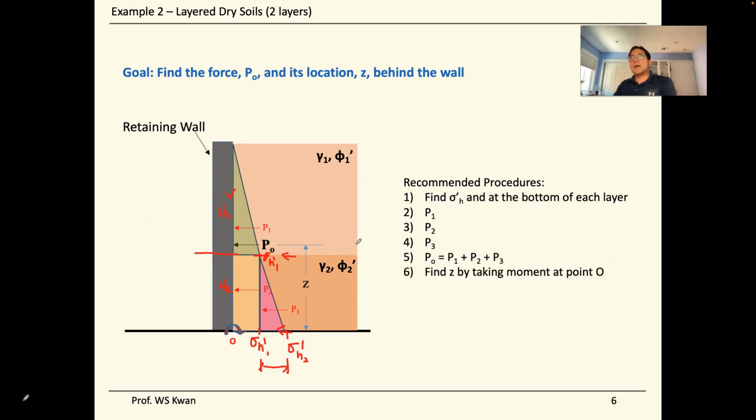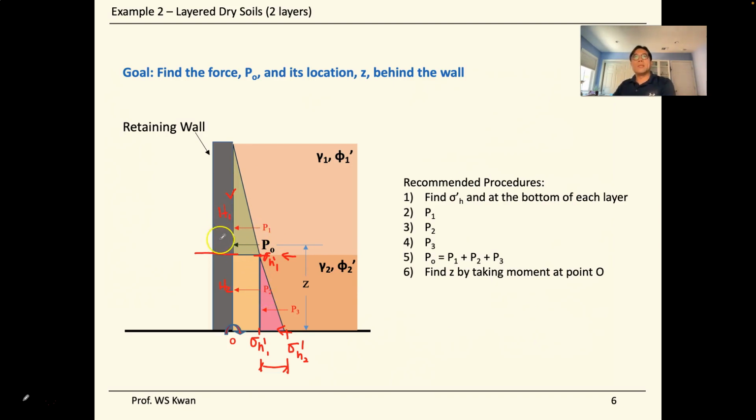So last but not least, we find the location where this resultant force acts. Since we no longer have a simple triangle area, we have three areas: a triangle, a rectangle, and another triangle.